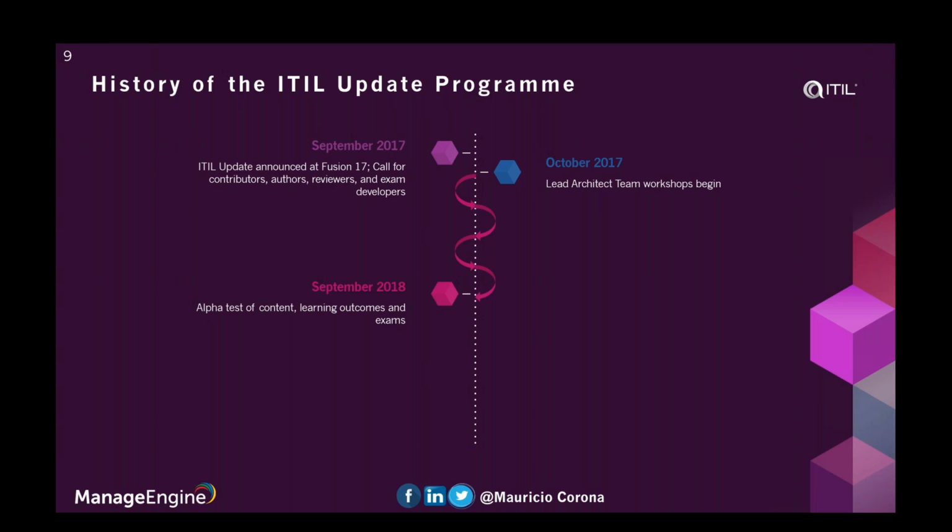And then we started with some alpha tests of contents, outcomes, and exams. In November 2018, we got all of the tests for our training readiness, and we launched ITIL 4. It's 1 year ago. Yeah, it's really good to see that we went out in February 2019.